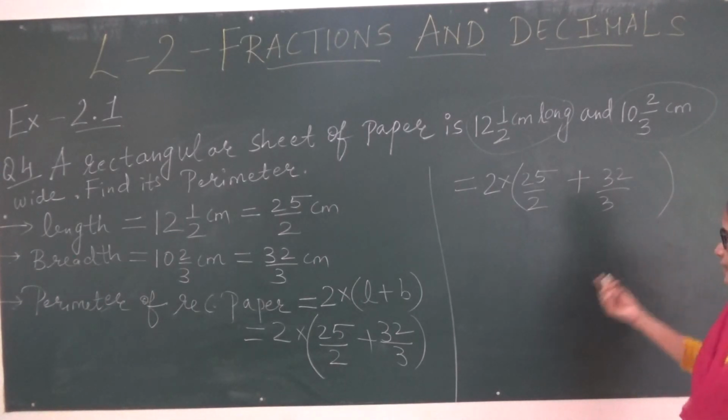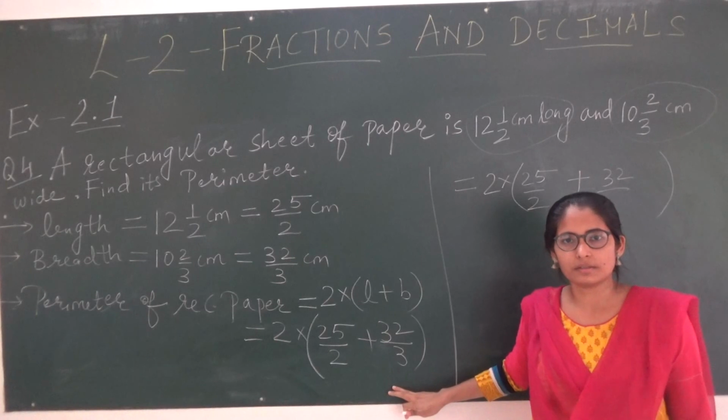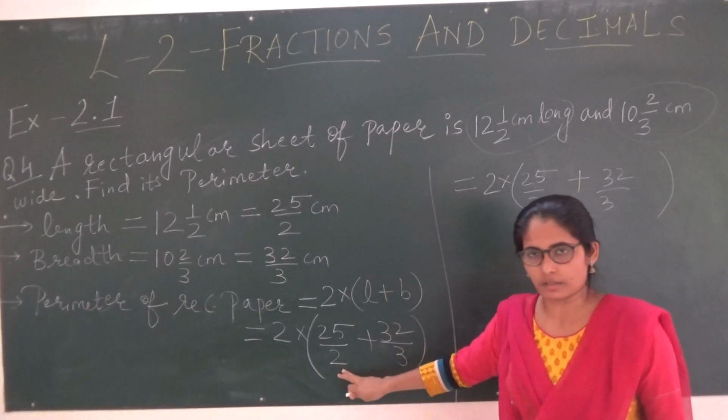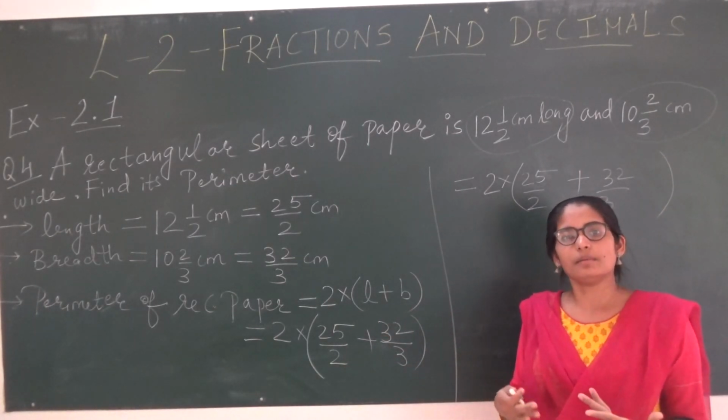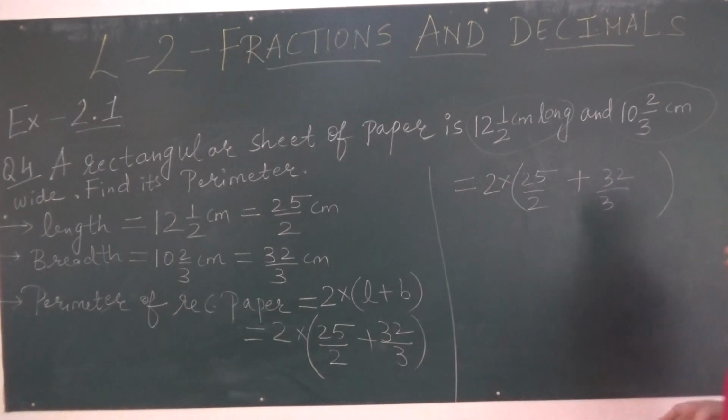LCM of an odd and an even number: 2 is an even number and 3 is odd. So if an odd and an even number are given in the denominator, then we directly get the LCM. 2 threes are 6. Or if you don't know, you can take it out by the method we previously saw. 2 ones are 3, same, then 3 ones are this one, same.